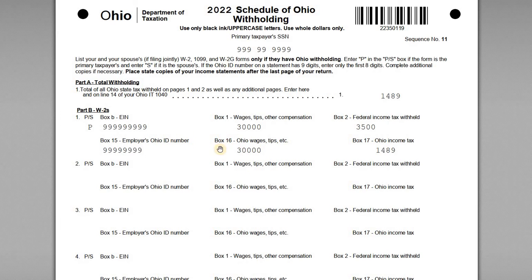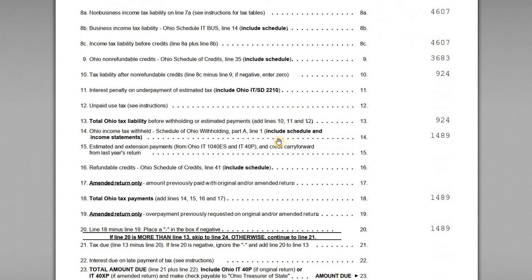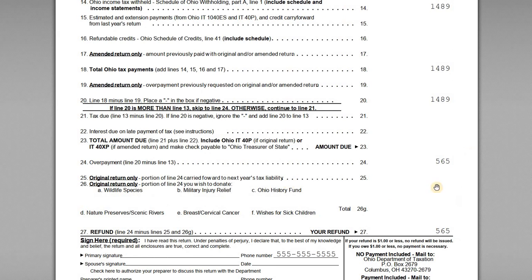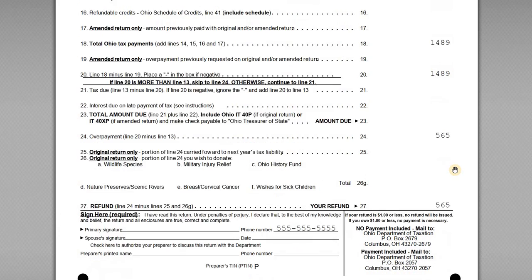Total Ohio wages was again $30,000. She had $1,489 of taxes withheld. So we're claiming the withholding credit of $1,489. That's the total payment. And so she has an overpayment of $565. So $565 is going to be her refund here. And she's elected to just have that sent to her by check.